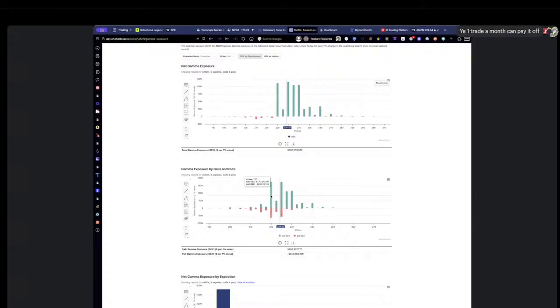So if price starts to retrace back down towards 220, as we head closer and closer to that strike, the market makers are going to be hedging more and more to keep price around or above that strike, okay? Because it's positive gamma, so they're hedging against that move downwards. They're not hedging with it. If this was a big area of negative gamma and they were hedging with it, we could very quickly slip through that strike and down to the next area of support.